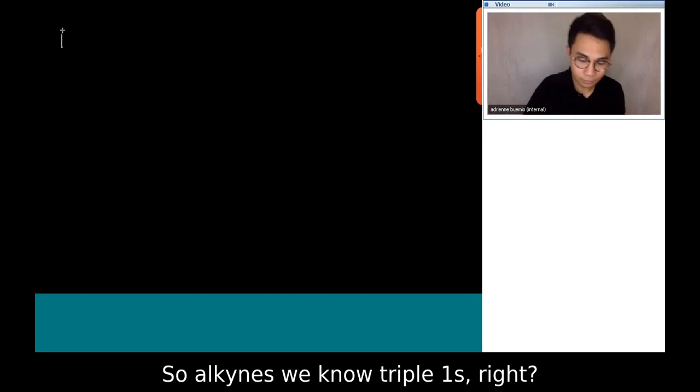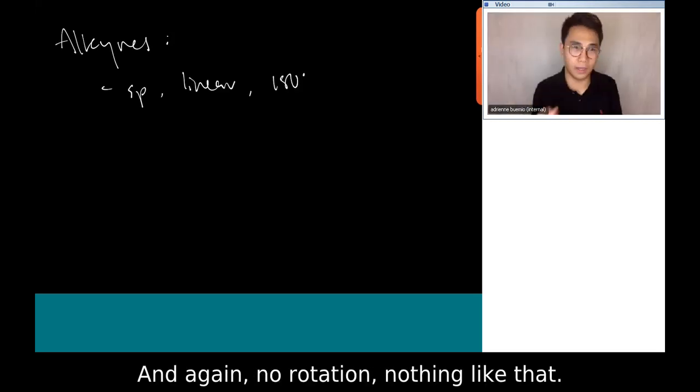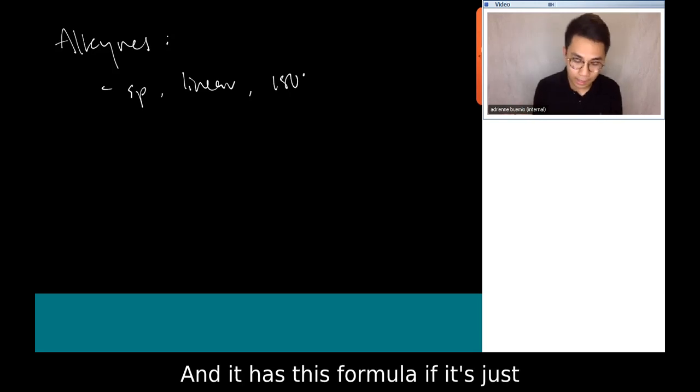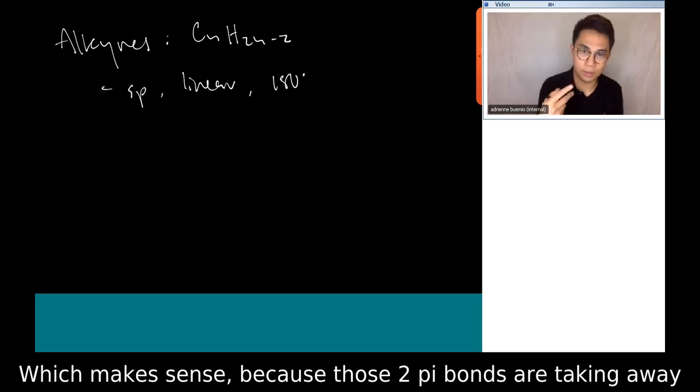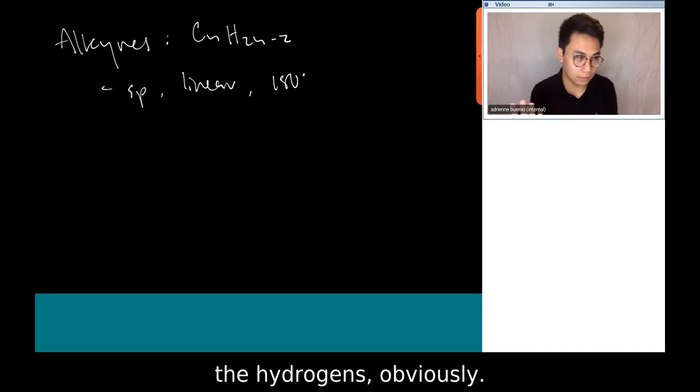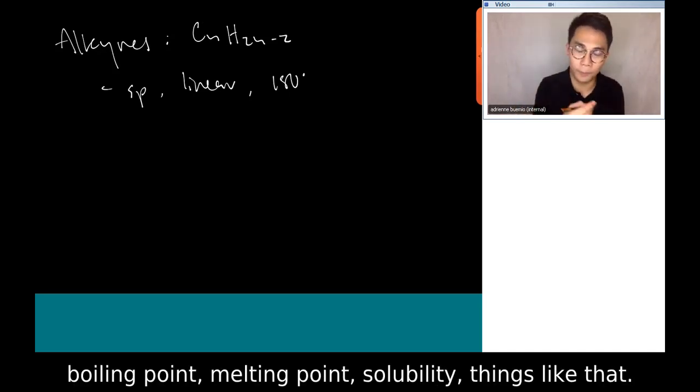So alkynes, we know, are triple bonds. Hybridization sp, linear shape, 180 degrees, and no rotation. If it's just a straight chain, the formula is CnH2n minus 2, which makes sense because those two pi bonds are taking away the hydrogens. The trends apply: boiling point, melting point, solubility.